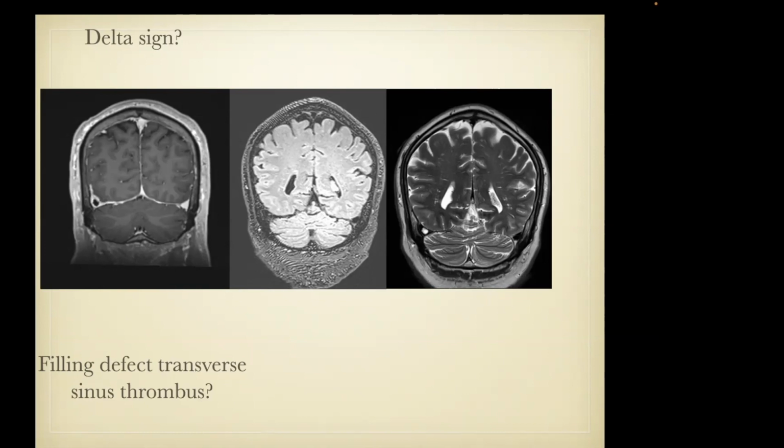When we looked at it on MR imaging, it had this look to it, but it did not have the properties of T1 shortening and was low attenuation on the CT scan. And so this was my first exposure to this problem of giant Pacchionian granulations.